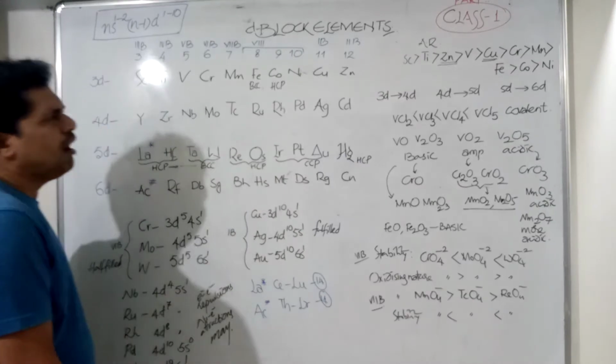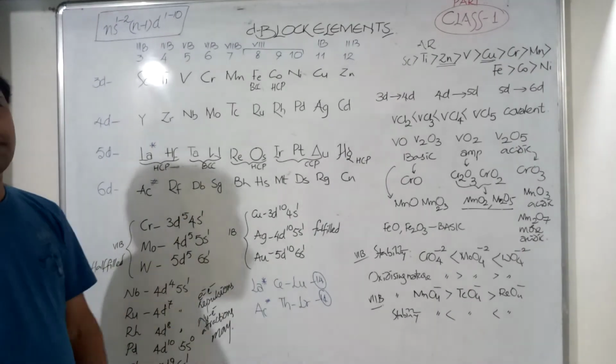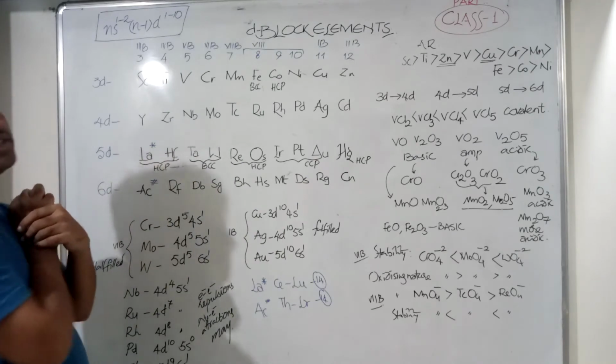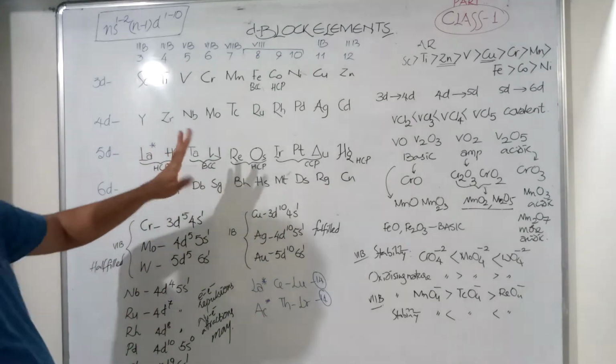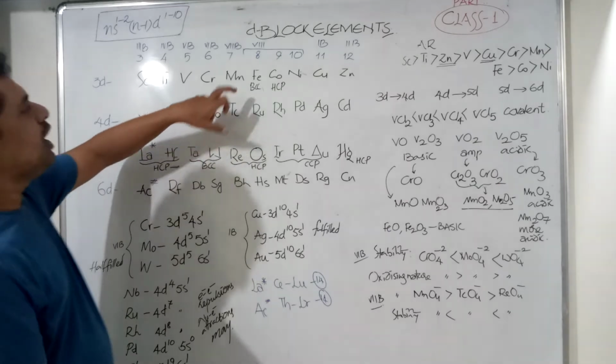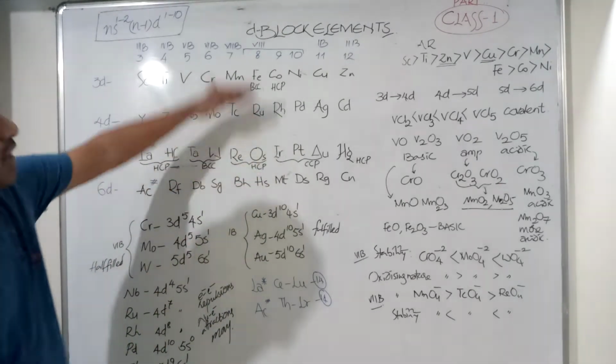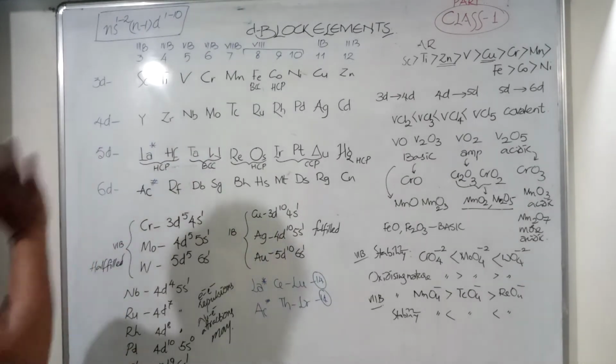There is no technique to remember; you can't apply any logic, such as tantalum or tungsten being BCC. Just try to remember. Iron is BCC and cobalt is HCP; they are exceptions.